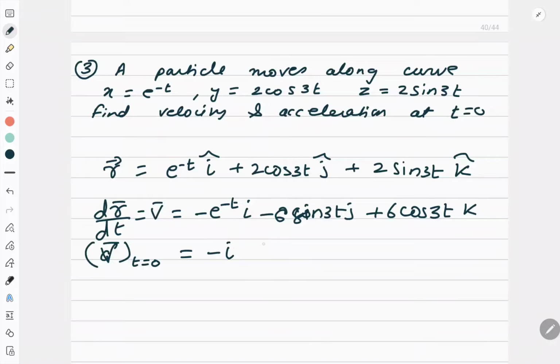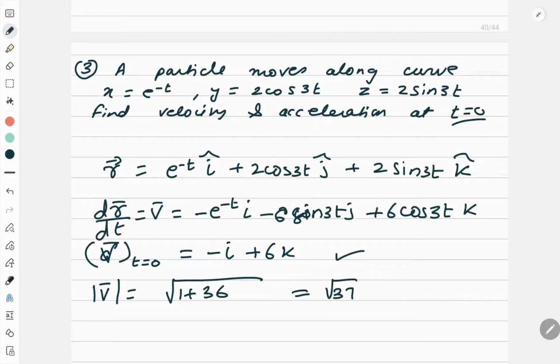So, minus i, then sin 0 is 0, so it is gone, plus 6k, because cos 0 is 1. Right? So, this is the velocity at t is equal to 0. If I ask you the magnitude of velocity at this point, though it is not asked in the question, then it will be under root of 1 plus 36, that is root 37.